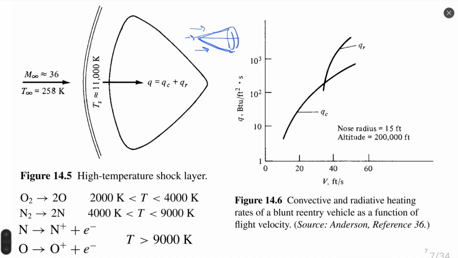In case of a conical body, a lot of energy is transformed into the temperature of the body material itself. So it becomes very hot, and no material can sustain 11,000 Kelvin. If the body is heated to this temperature, it will disappear very quickly. So this structure cannot fly at hypersonic velocity, cannot re-enter or go back from space at this velocity.